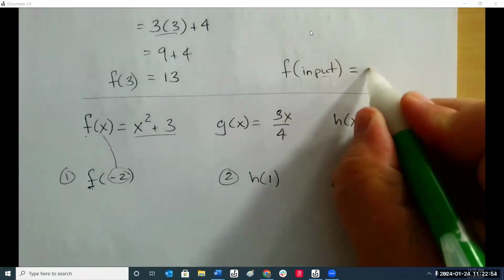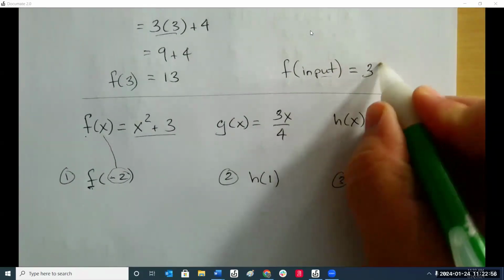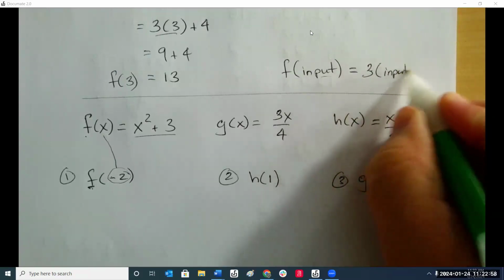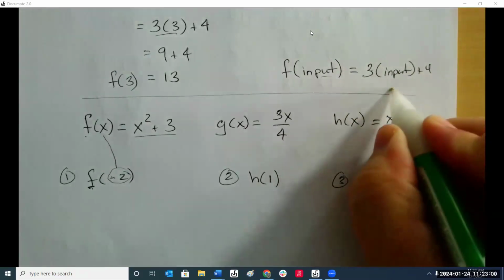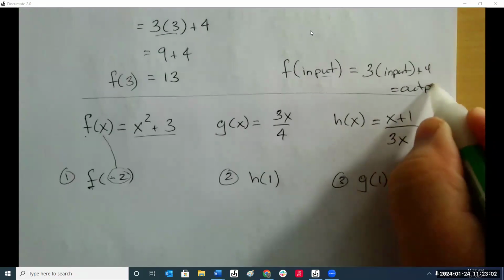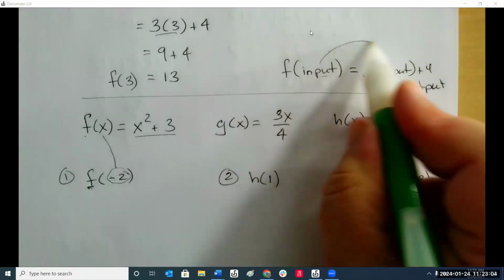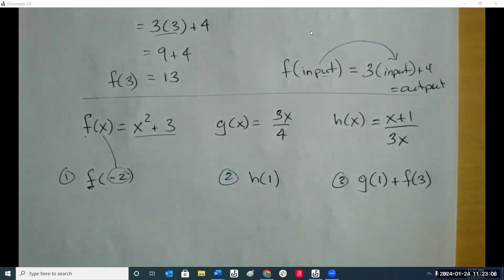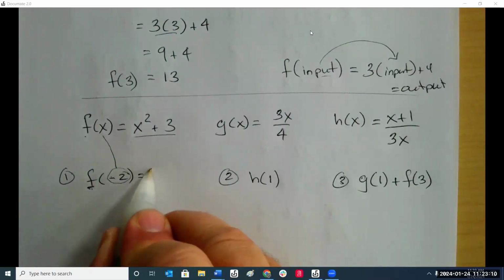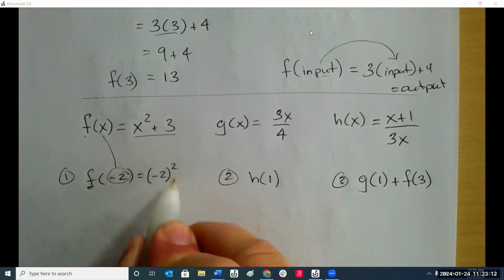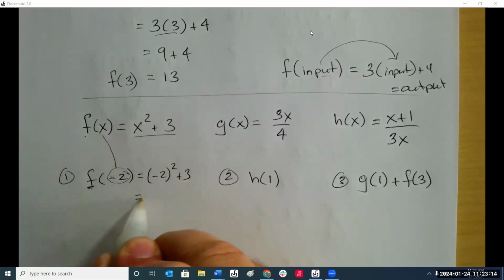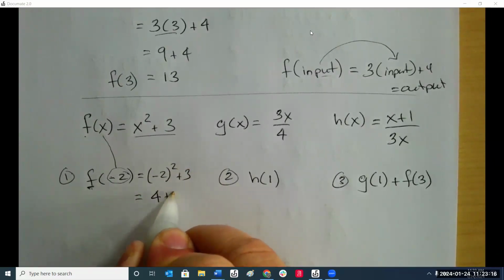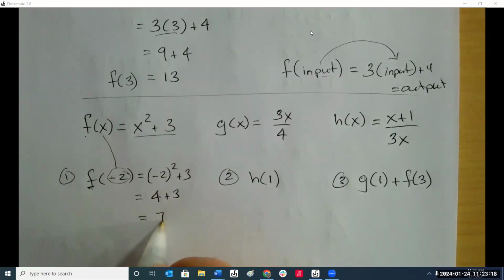After you plug it in the equation, let's say 3 input plus 4, you get an output. So whatever's inside there goes inside the x inside the equation. So what this one says is -2 squared plus 3, 4 plus 3 equals 7.